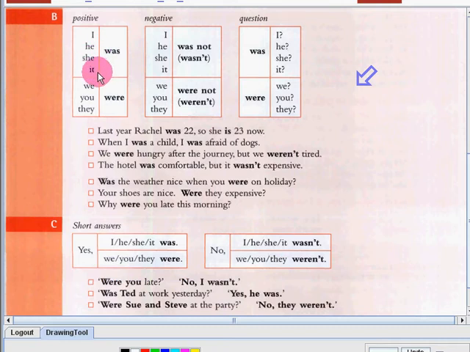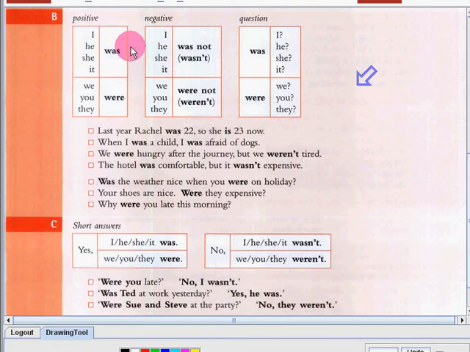All of these pronouns are singular, meaning one. So that means they should take a singular verb too. And now we are talking about past tense, so these pronouns should take the verb was.